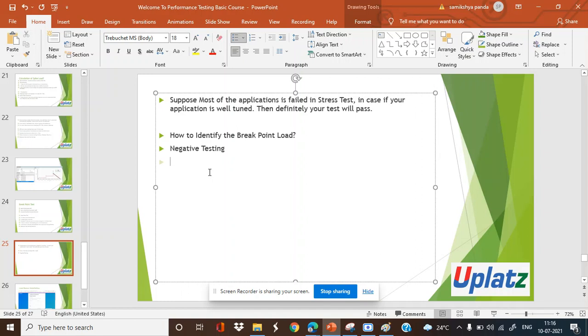As you are trying to break the application, your primary objective is to fail the server resources.